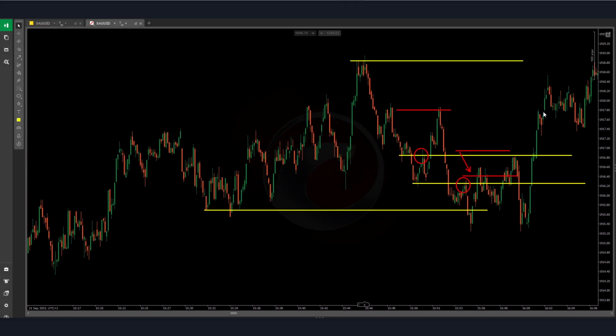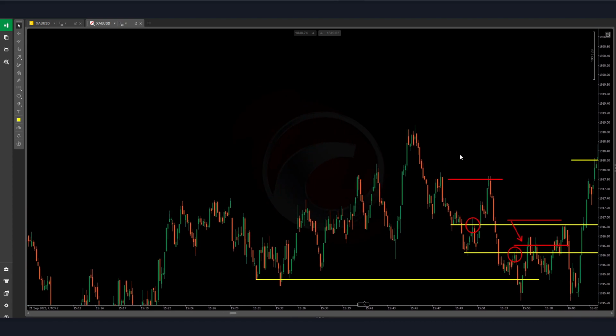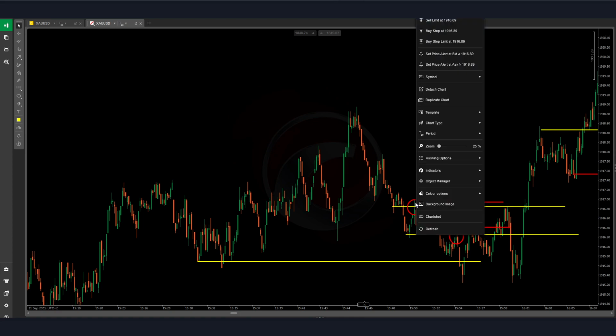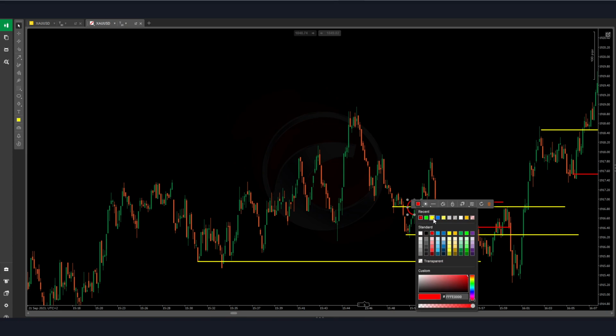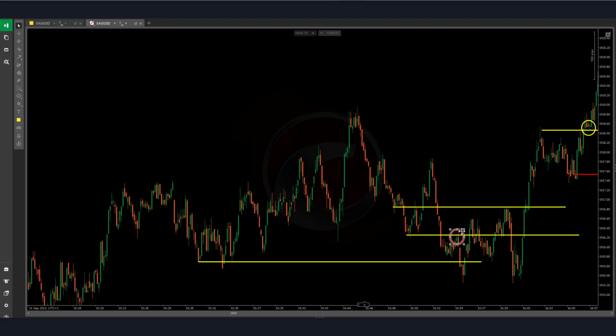Now we're coming into the 10 a.m. candle, and now the price is starting to move up. We are moving above these highs. We make another block, and that's where we could have our entry at this retest. Okay, over here.